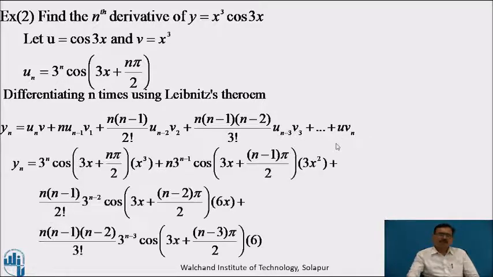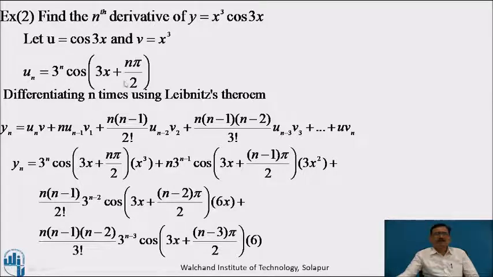Now substituting the terms, therefore yn equals un, first of all you have to substitute, that is 3 raised to n cos of 3x plus n pi by 2, and v is x cube here, plus n into u suffix n minus 1.